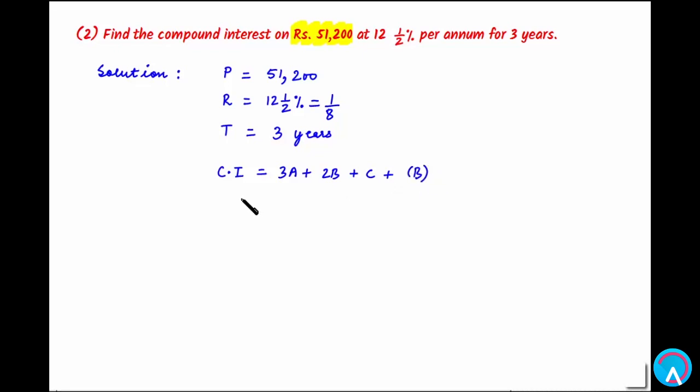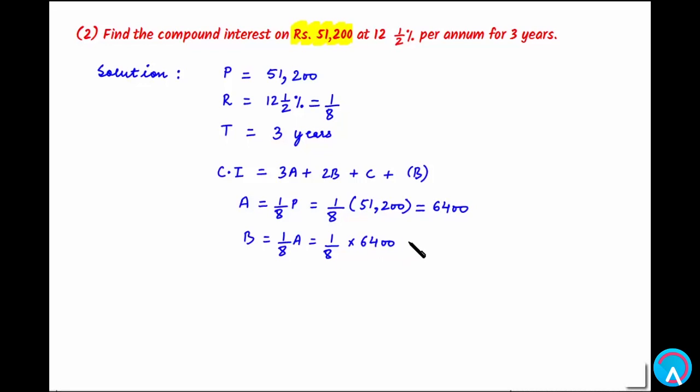And once again, here a will be equal to 1/8 of p, that is equal to 1/8, and p here is 51,200, that will be equal to 6,400, and b will be equal to 1/8 of a, that will be equal to 1/8 multiplied by 6,400, that is equal to 800.